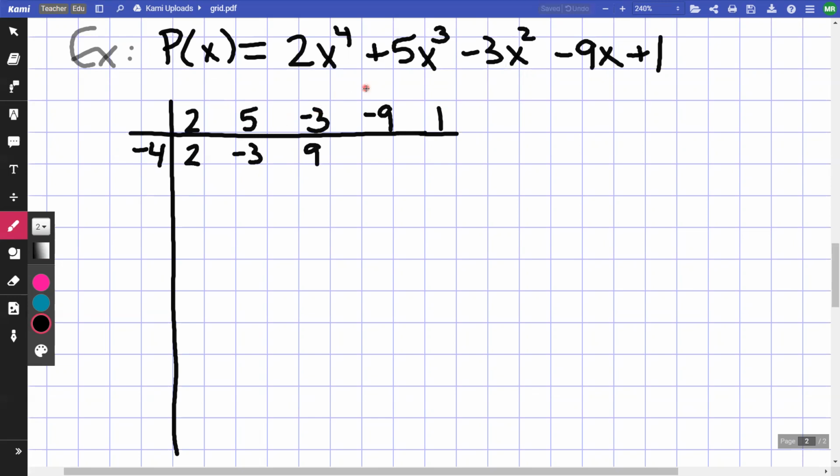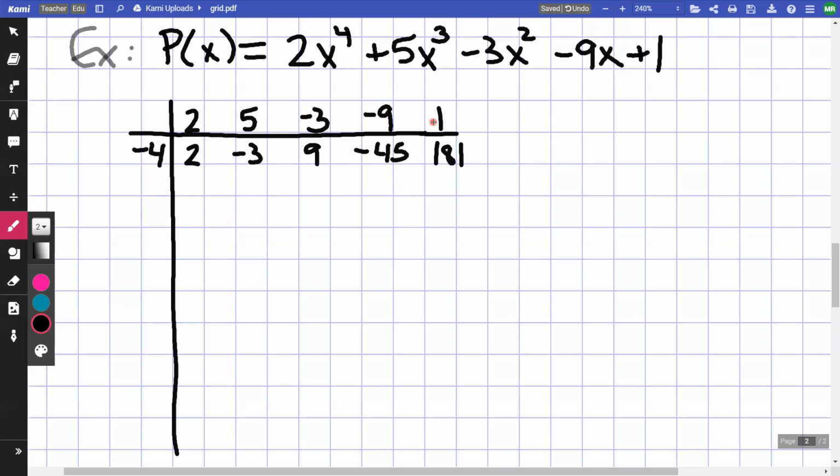I add, I get a -45. -45 times -4 is going to be 180. Add it here, I end up getting 181. Obviously not something I'm going to graph.